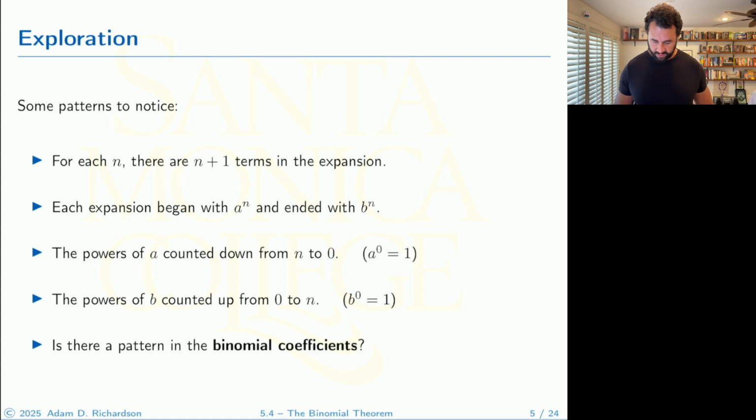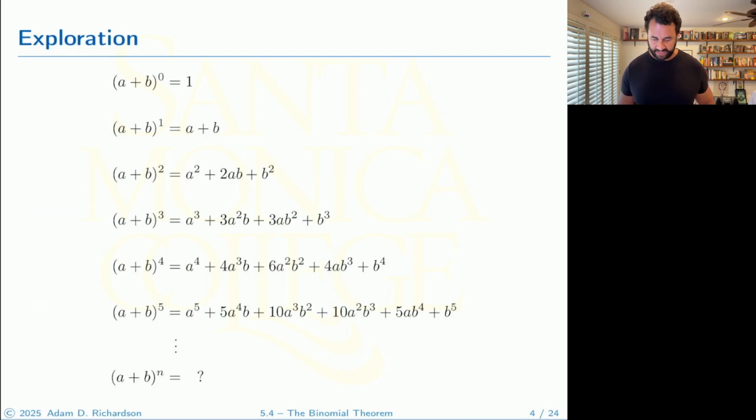So what is the pattern in the binomial coefficients? Let's start with that, actually. All of these patterns we noticed, but are there any patterns in those coefficients? There's something that we haven't talked about yet. We talked about the powers of a, the powers of b, the number of terms in each expansion.